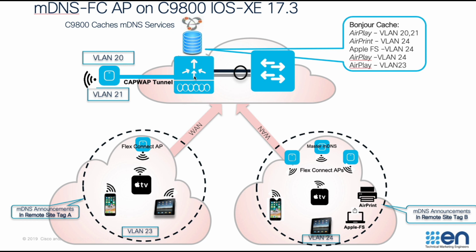Once these policies and profiles are pushed to FlexConnect APs, they can work independently from the Catalyst controller or local network, even if the WAN connections are down. And in these FlexConnect groups in remote sites, one of the FlexConnect APs will take on itself the role of master MDNS AP, and it will cache all the services on that AP, and then advertise and sync up these services with all the other FlexConnect APs available in that remote site.